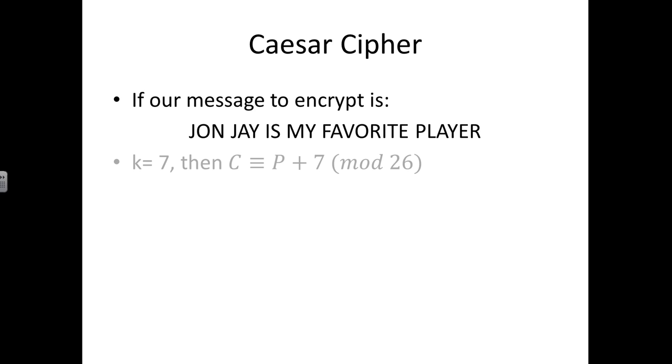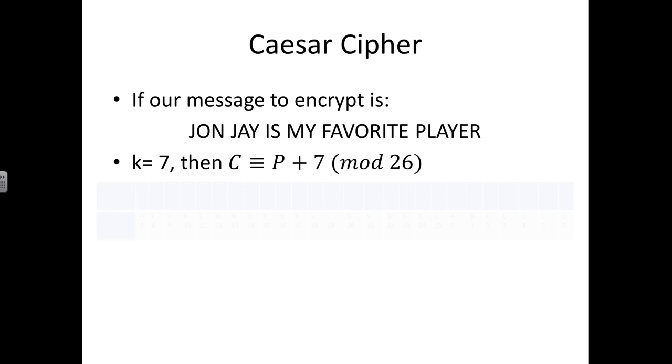J is, I believe, 9th. Also, K, you can transform the plain text along any number you want. I could have picked 8 or 10 or 12. It has to be in between 0 and 26.